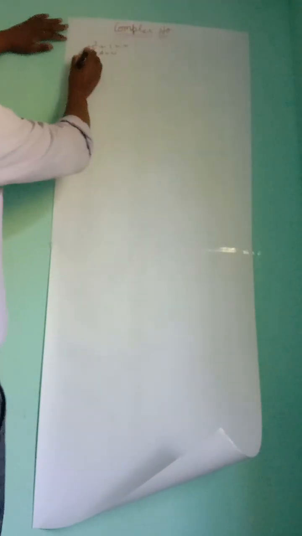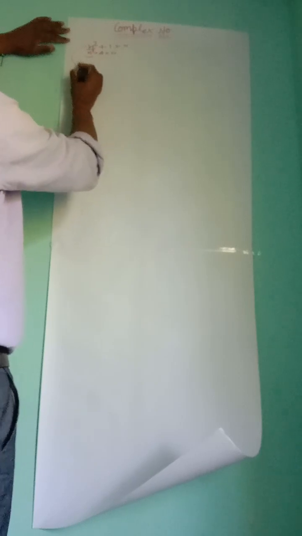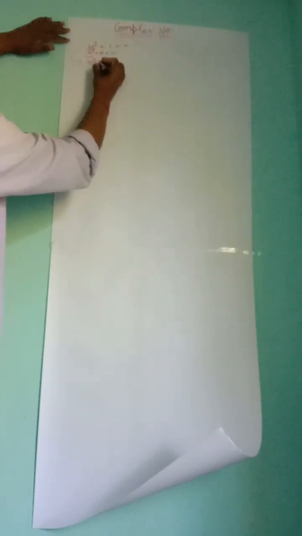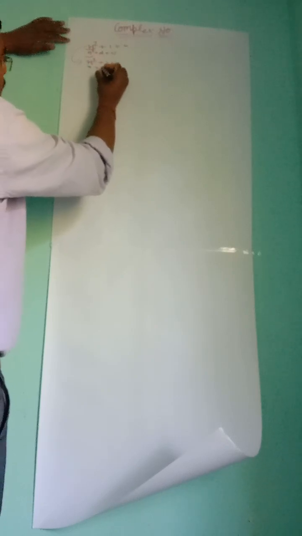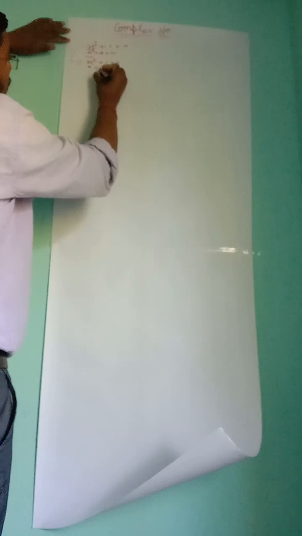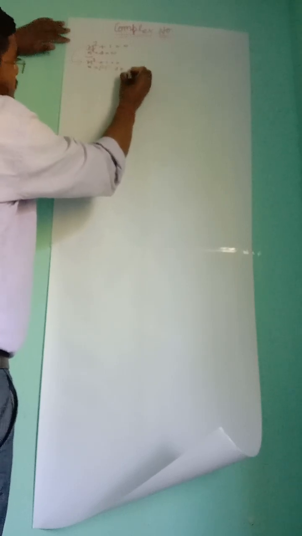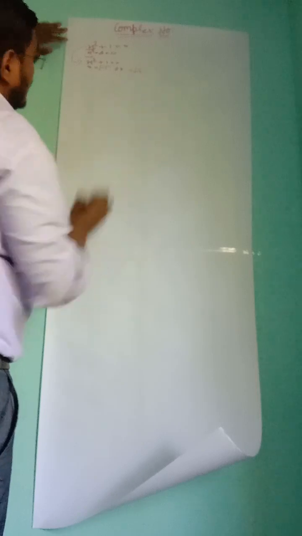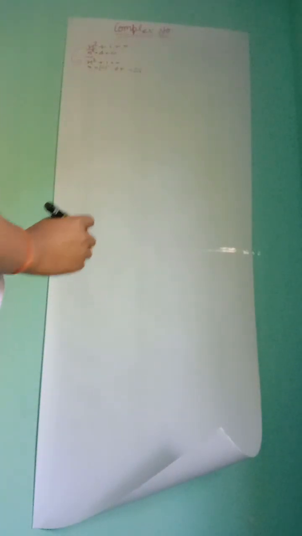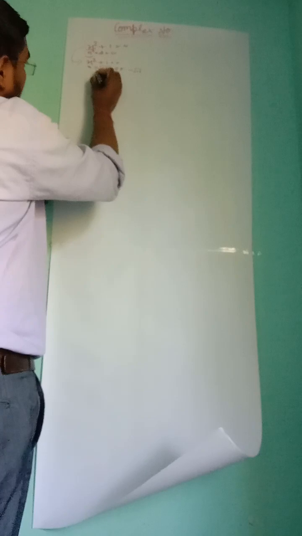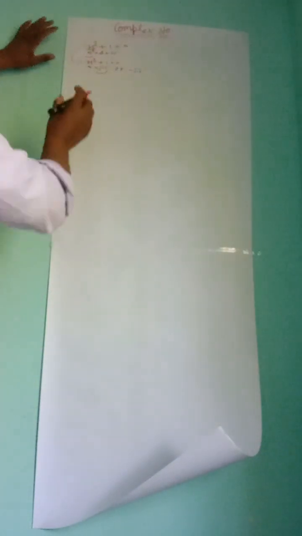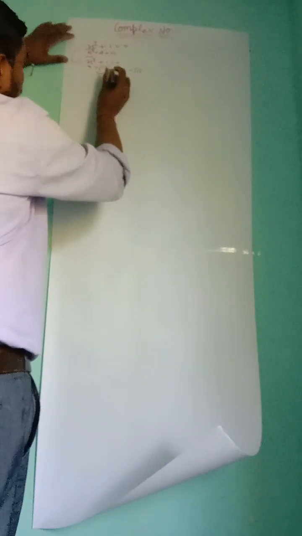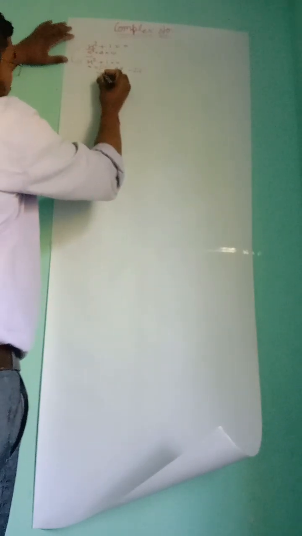So now I have taken this. Suppose x square plus 1 is equal to 0, so x is equal to plus or minus the square root of minus 1. Okay, so basically the mathematician Euler said to denote this by i, and this number is basically the imaginary number.